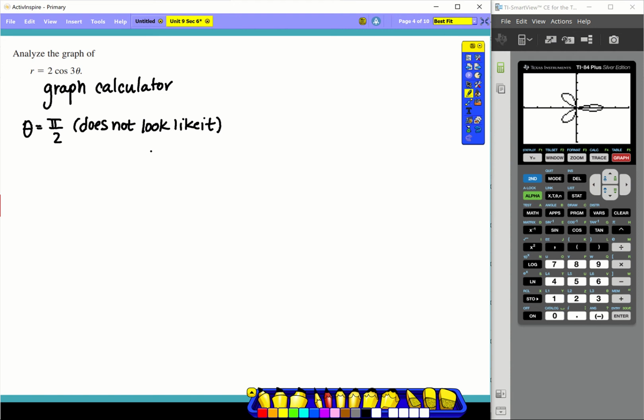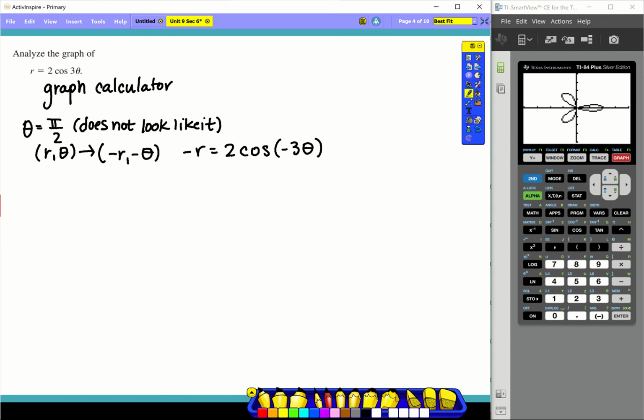So if we want to test for the line theta equals pi over 2, we've got to turn r and theta into negative r, negative theta. So we'll try that one. So we're going to have negative r equals 2 cosine negative 3 theta.